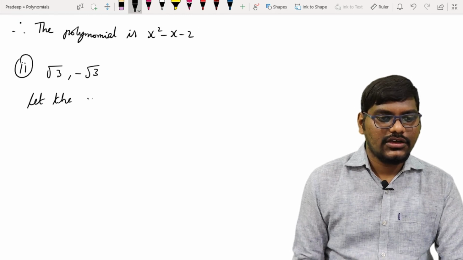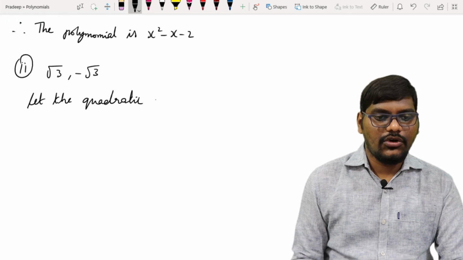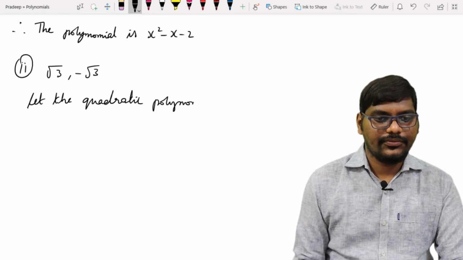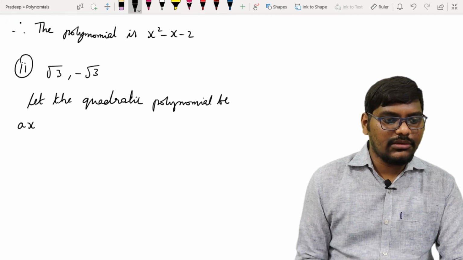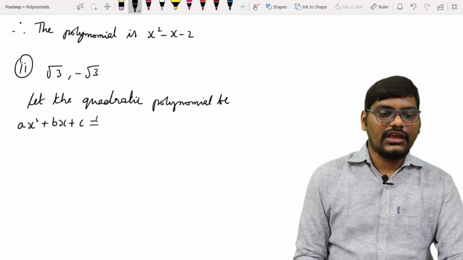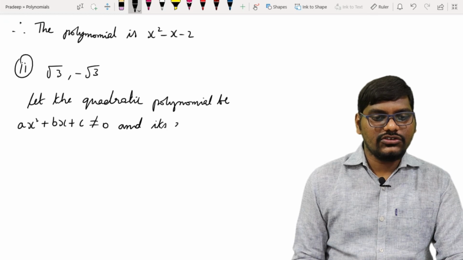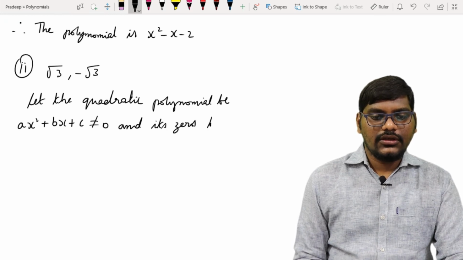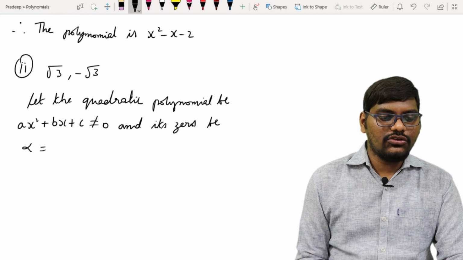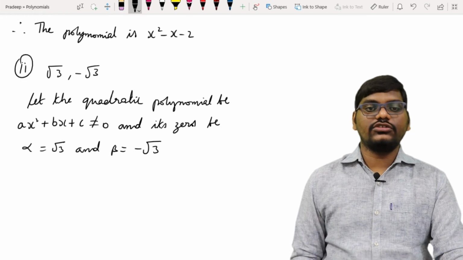Let the quadratic polynomial be ax square plus bx plus c, where a is not equal to 0, and its zeros are alpha equal to root 3 and beta equal to minus root 3. These are the two things given.